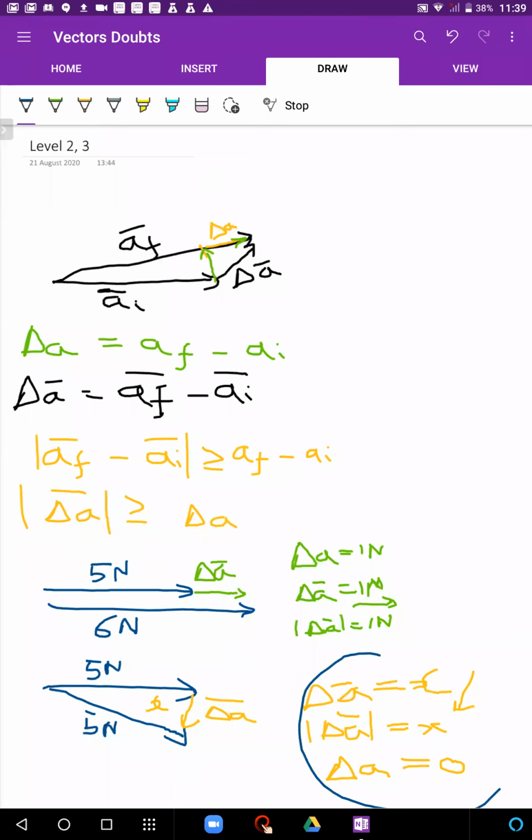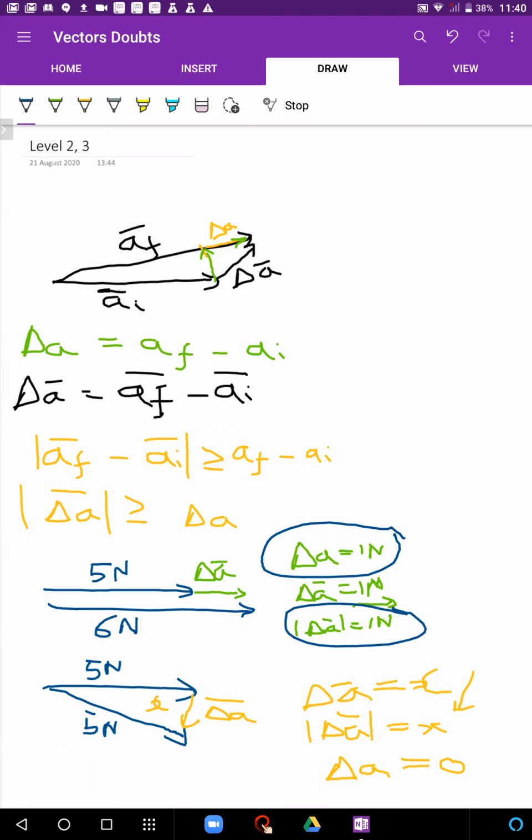When I change the direction, magnitude is not changing, but the vector is changing. On top of that, when I change the magnitude, magnitude is changing and my vector is changing by the same amount.